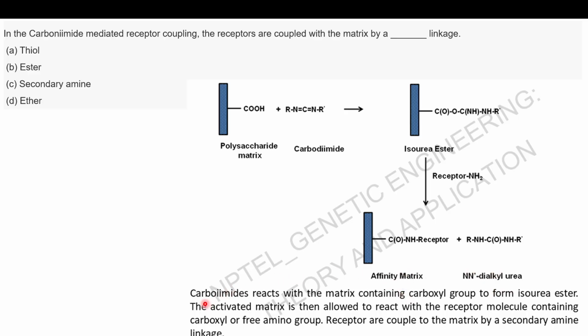Carbodiimide reacts with a matrix containing carboxyl groups to form isourea ester, and the activated matrix then reacts with a receptor molecule having a free NH2 or amine group, so the receptors are coupled to the matrix by a secondary amine linkage. The answer is secondary amine linkage. Option C.